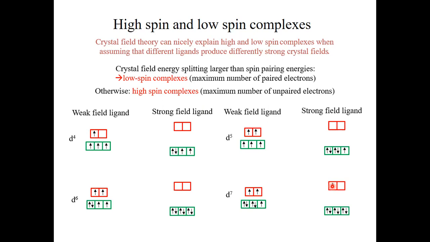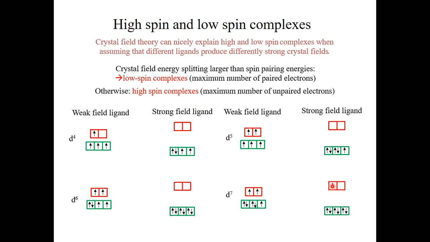So for instance, when you have an electron configuration of d3, all the 3 electrons can be filled spin up into the t2g orbitals. Therefore the spin multiplicity is already maximized, and no electron would be available for spin pairing because the eg orbitals are empty.